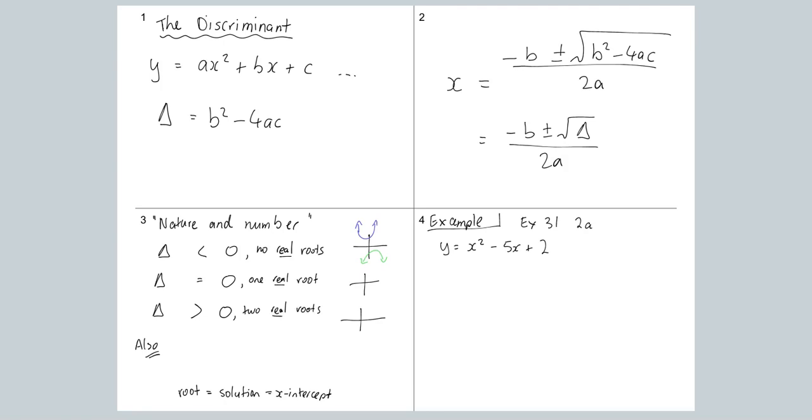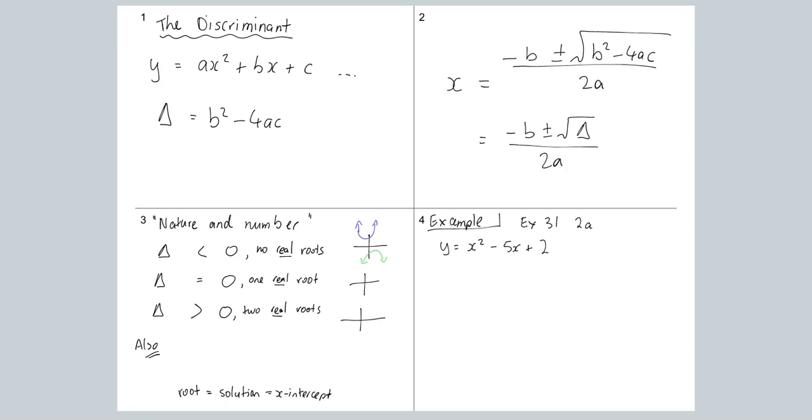You'll sometimes see the word distinct as well. Sometimes you'll say if the discriminant is equal to 0, there is one distinct root, and with a positive discriminant, two distinct roots. Distinct means separate from each other, because sometimes you can say that this is actually what we call a double root or a double intercept. I haven't drawn the graphs off to the side, for the main reason that I forgot.